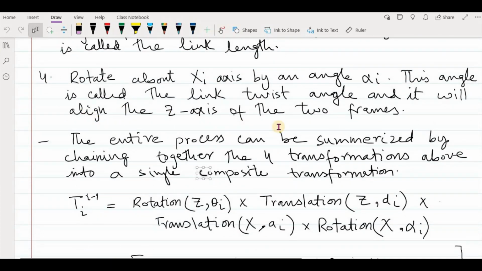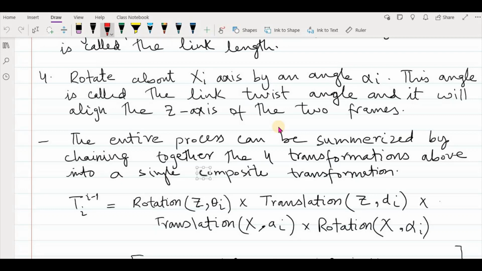Yes, these 4 steps we already covered, including the rotation about the x-axis. The entire process can be summarized by chaining together the 4 transformations above into a single composite transformation. We have seen that we did 4 transformations.